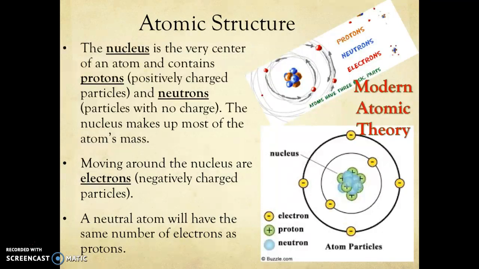Electrons are very small. They don't have much of an impact on the atom's mass, and they are negatively charged. Now, a neutral atom will have the same number of electrons as protons. Most atoms are neutral to start off with.